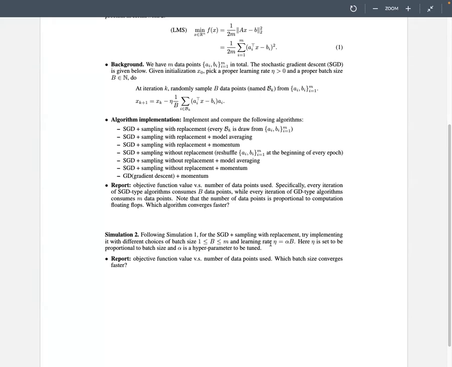But on the other hand, it costs more computation resource. So if it's a larger batch size, meaning that you are loading more data every time, then intuitively you can take a larger step. So the learning rate can be proportional to B.